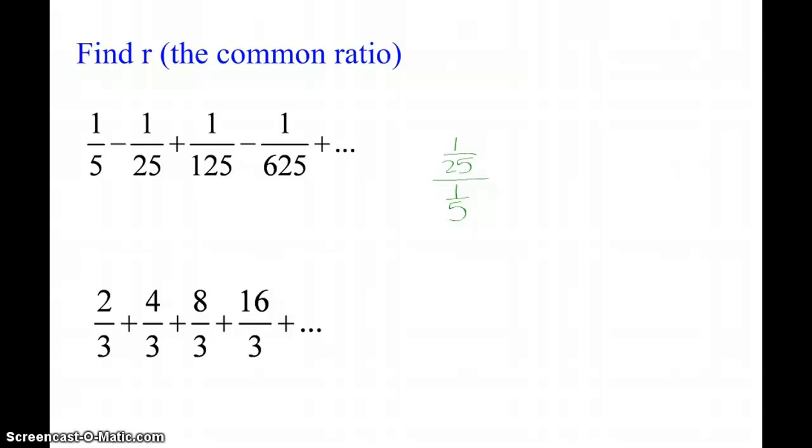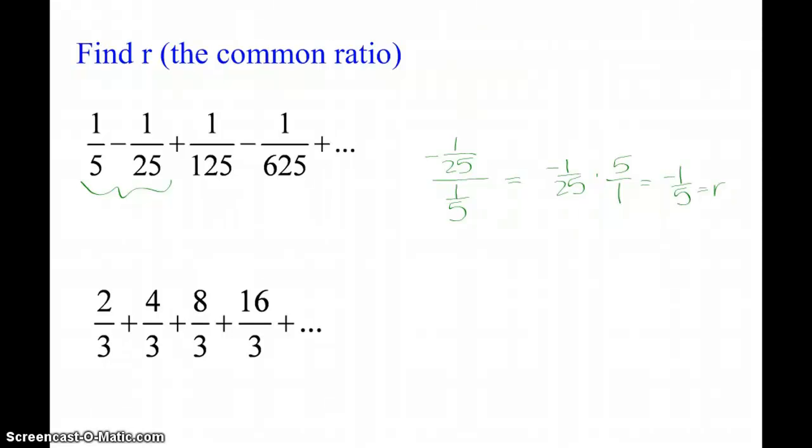So let's say I took these first two terms, and this is a negative, so we would need to make sure we have the negative. Remember, if you are dividing by a fraction, you get to flip the bottom fraction. So this says the common ratio for the first series is -1/5.